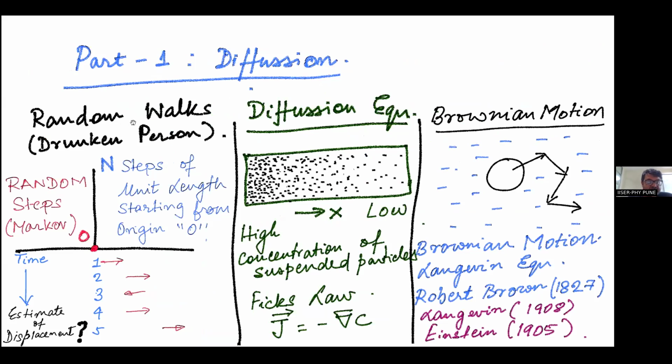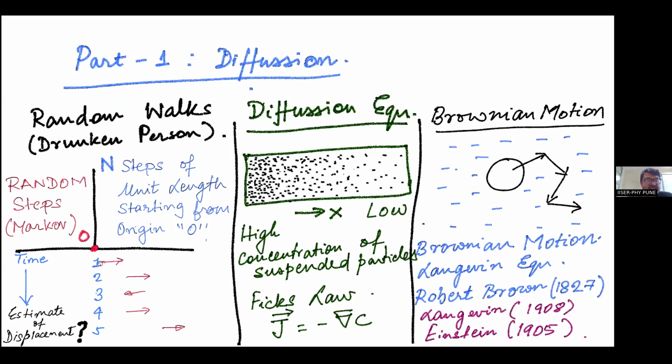The topic of a random walk. In random walk, one basically talks about a person, or a drunken person, who takes n steps, n being a large number, of unit length starting from an origin, on the right or on the left.